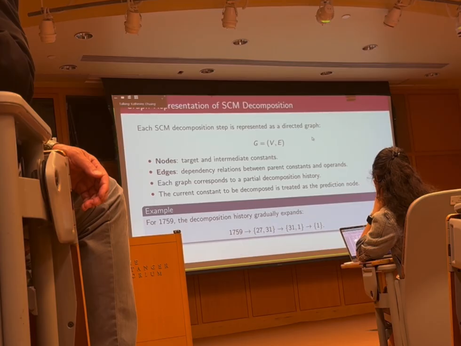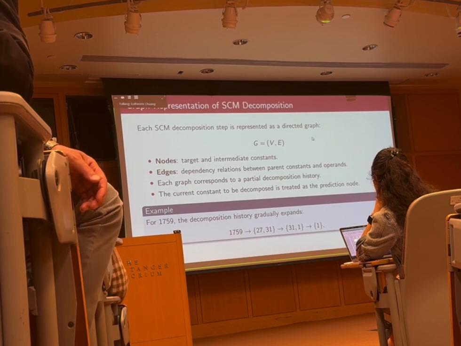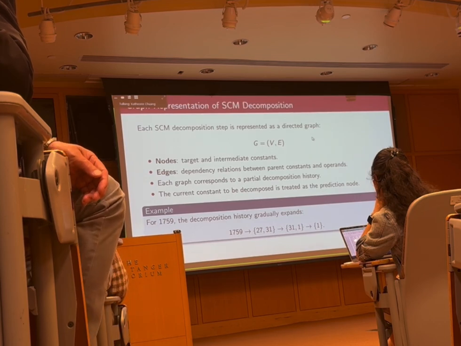The vertices are the target constant and the intermediate constants. The edges represent dependency relationships between the parent constant and the operands. And each graph corresponds to a partial decomposition history there. The current constant to be decomposed is treated as the prediction node.